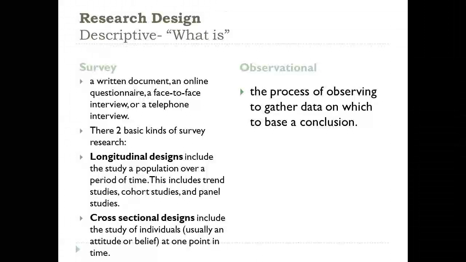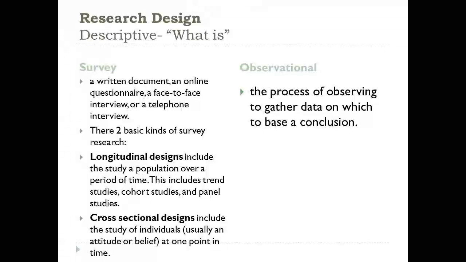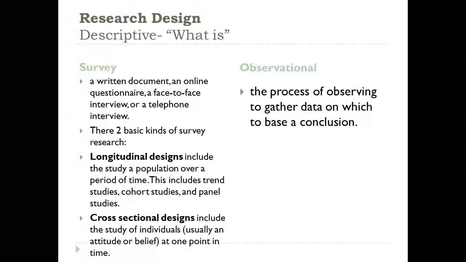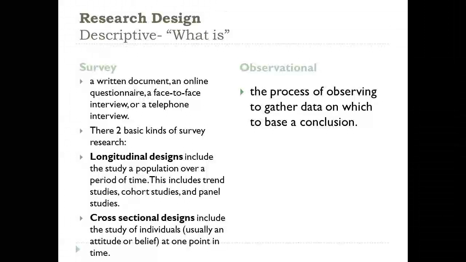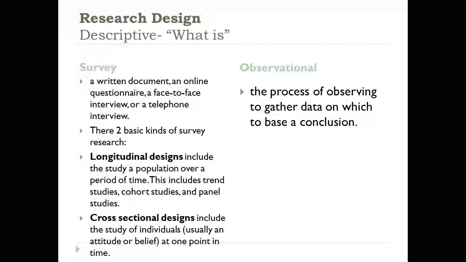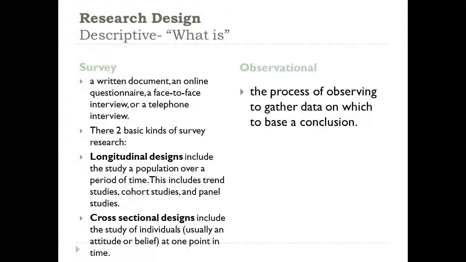So again, going back to our example of Charlie, Charlie simply wants to know what is the academic achievement of freshman college students with an anxiety disorder. So he just is looking at one specific point in time about what is. Oftentimes, surveys collect data on attitudes and beliefs.